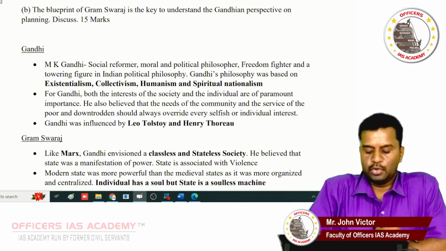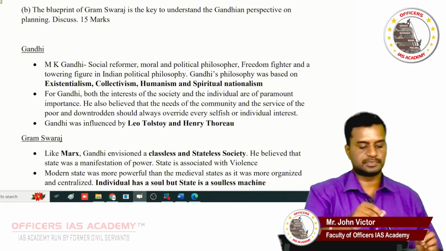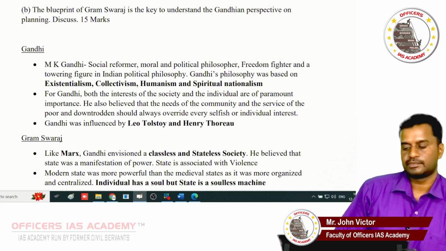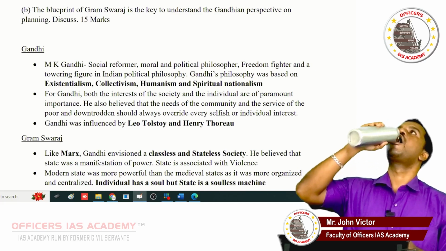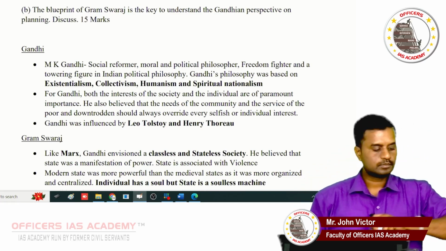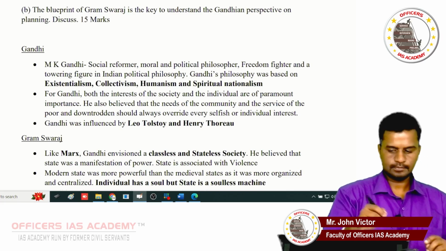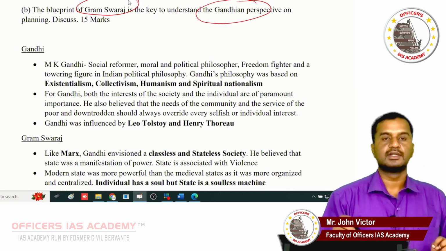Question B. Blueprint of Gram Swaraj is a key to understanding the Gandhian perspective of planning. Another straightforward question. Scholar associated is Gandhi. Concept involved is Gram Swaraj.